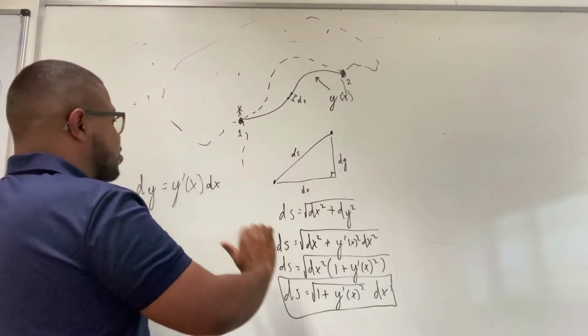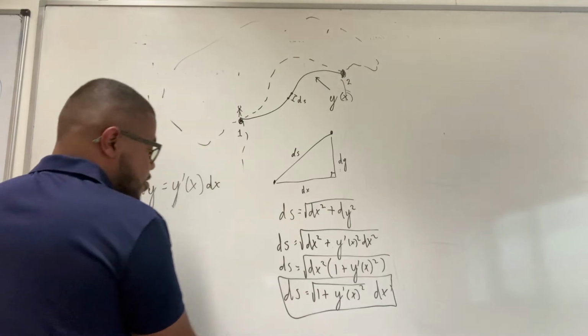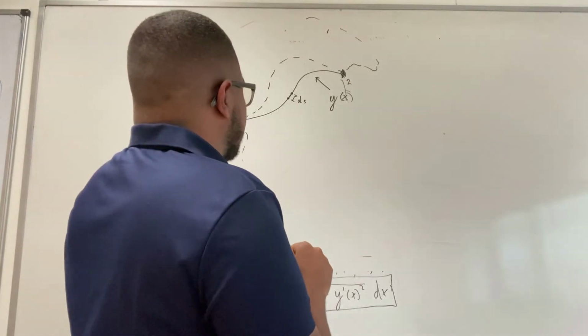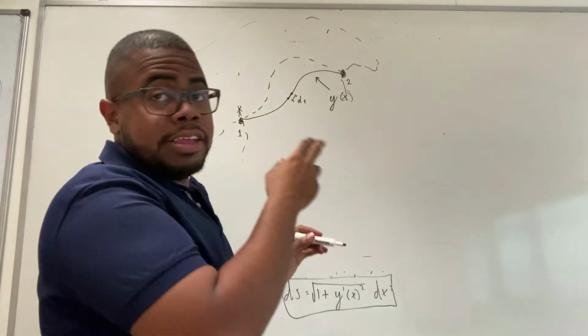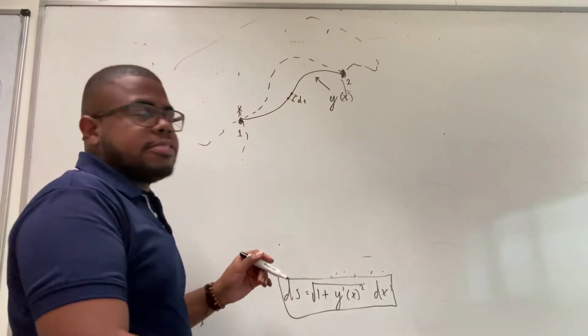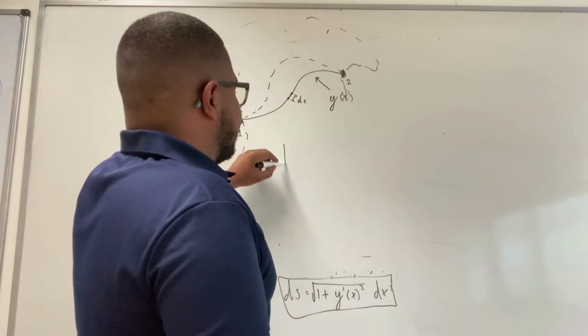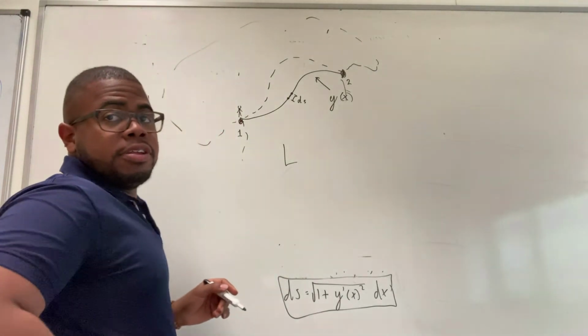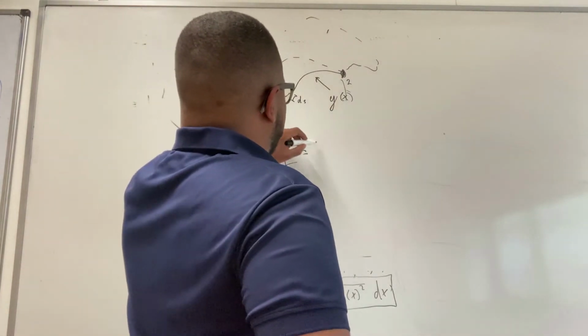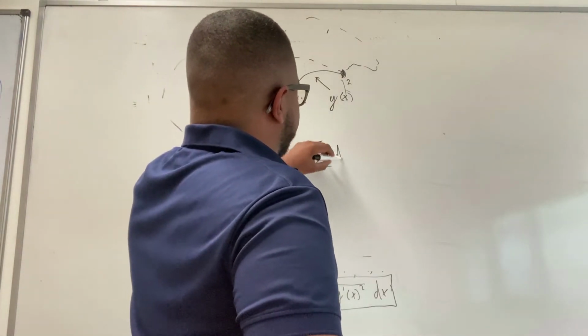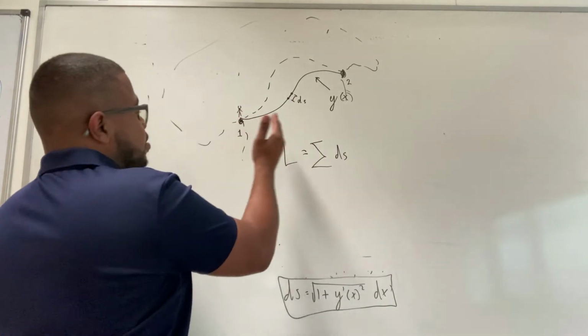If you are to write this out, and I'm going to erase some bits, then if we're interested in this path, which we will call L, we need to sum over all of the ds's over the particular steps.